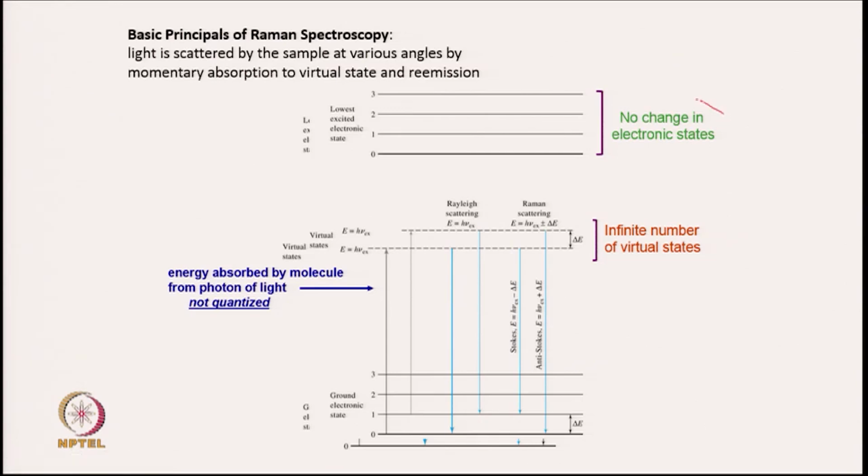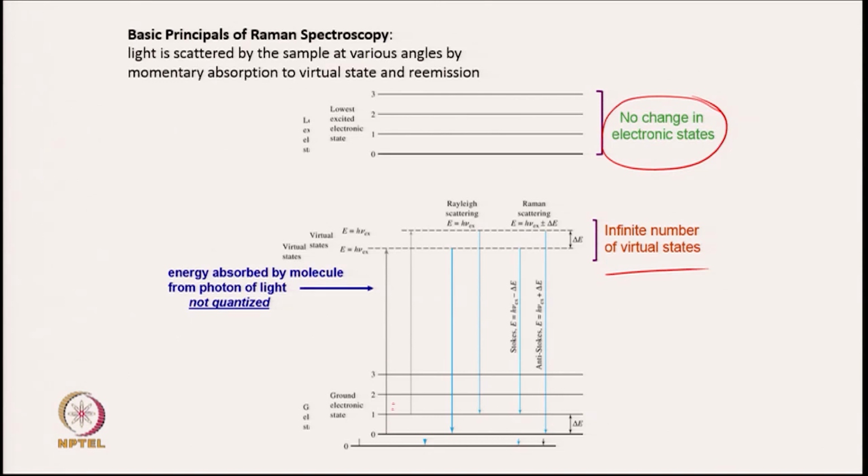So, first it must be kept in mind that in Raman spectroscopy there is no change in electronic state. We are going from the ground state to a virtual state, and there are an infinite number of virtual states, it can go anywhere. So, these are two virtual states you can see here.